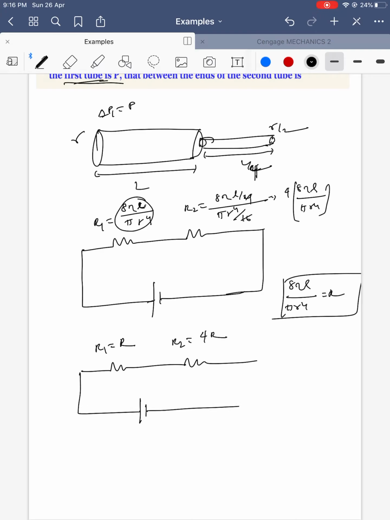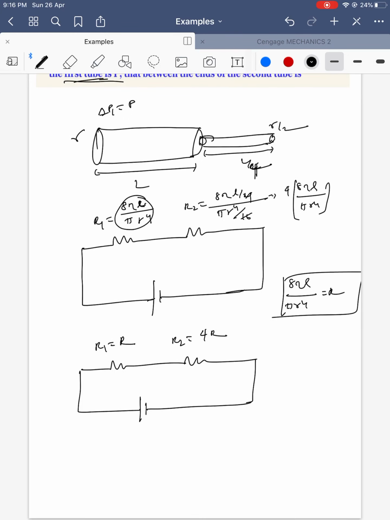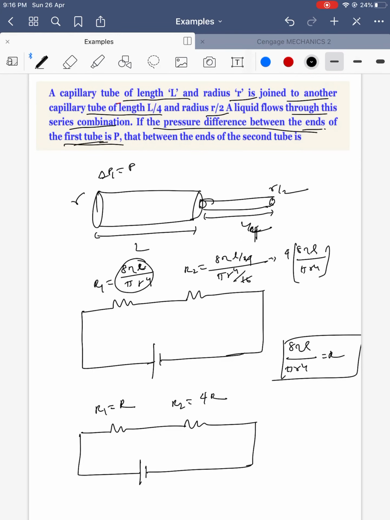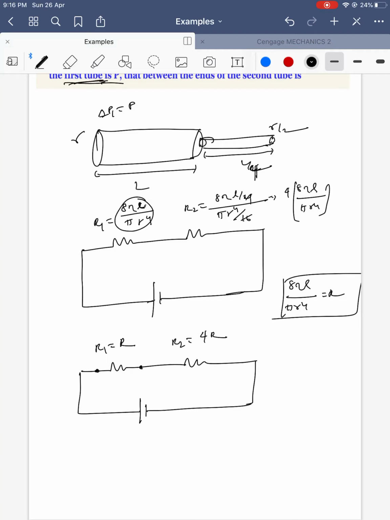Here the potential difference we don't know. He gave the pressure difference, which is nothing but the potential difference across the first tube, as P. So across this first tube is P. How to get the total potential difference? Assume the total pressure drop as delta P total.